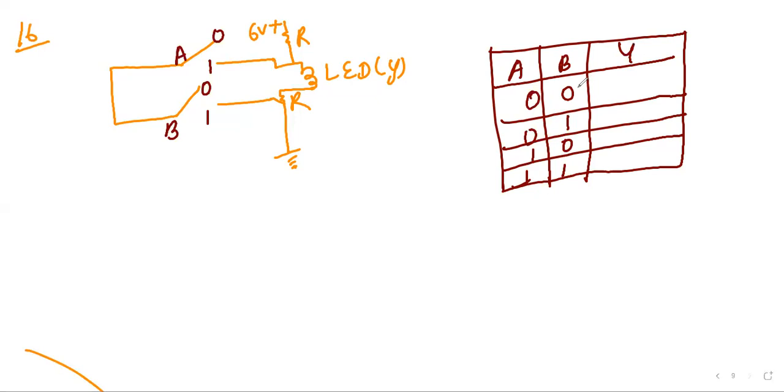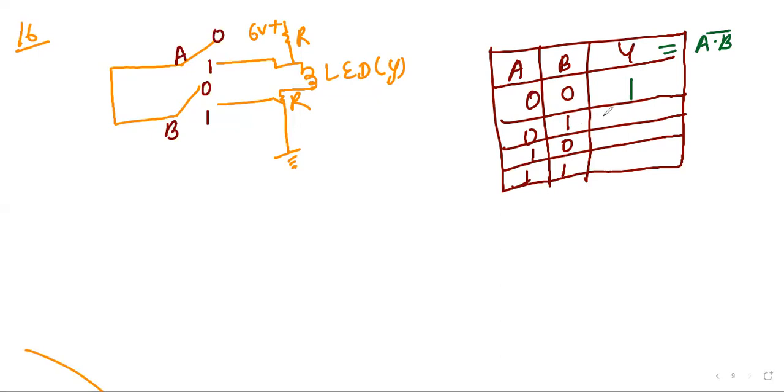From the given logic circuit, LED will glow when voltage across LED is high. Right. So 0, 0 means it is coming out to be 1. So it means Y is nothing but A into B bar. Right. 0, 0 means 0 and bar of that is 1.